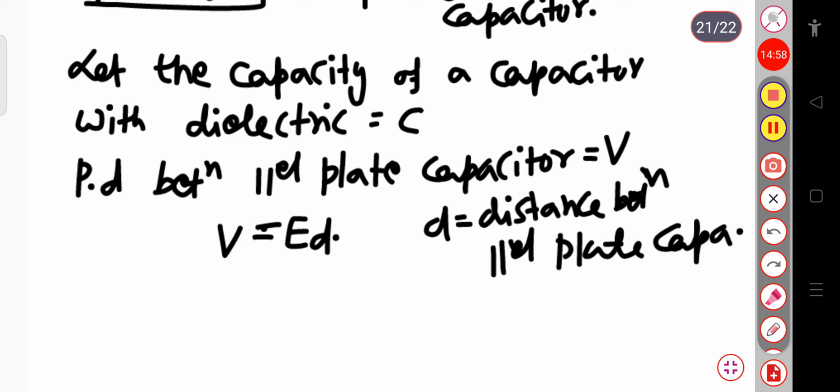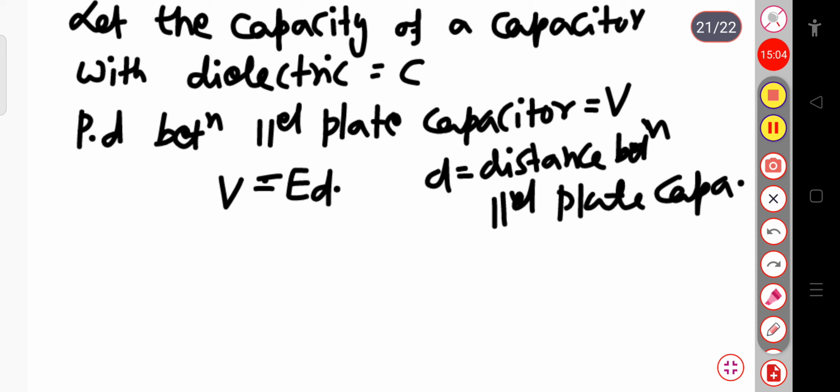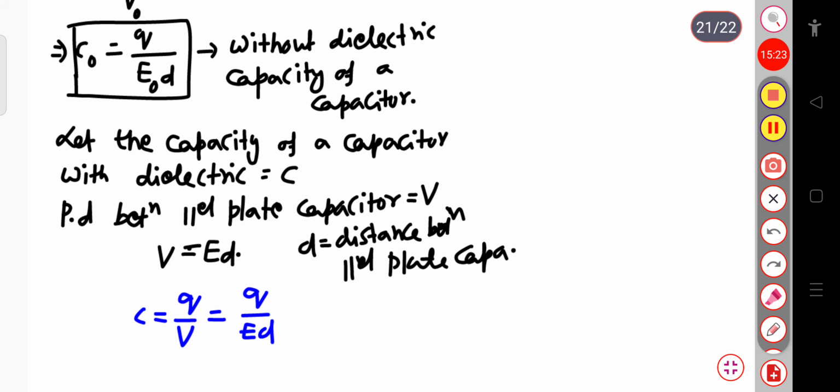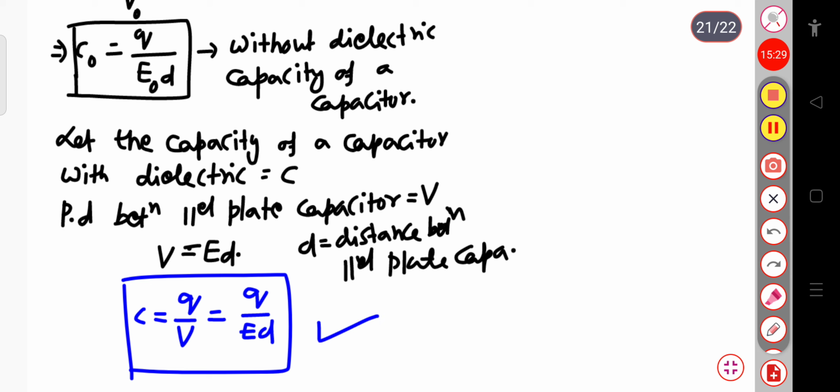Now what will we do? We will calculate the capacitance. This capacitance C will be equal to Q by V, so C equals Q divided by E into D. When we have introduced a dielectric, it is Q divided by E into D, and when there is no dielectric, it is Q divided by E naught D. Here E is equal to E naught minus EP.